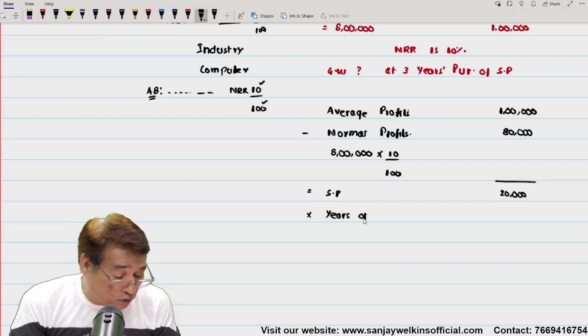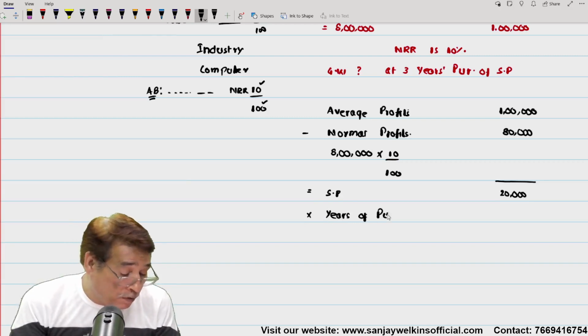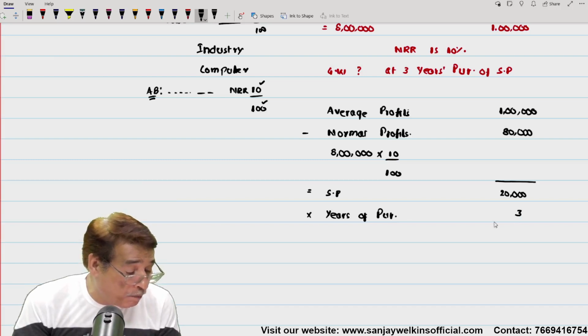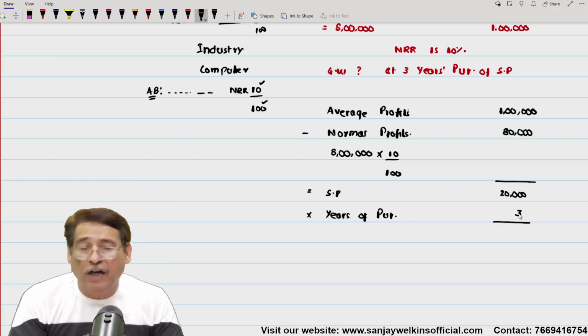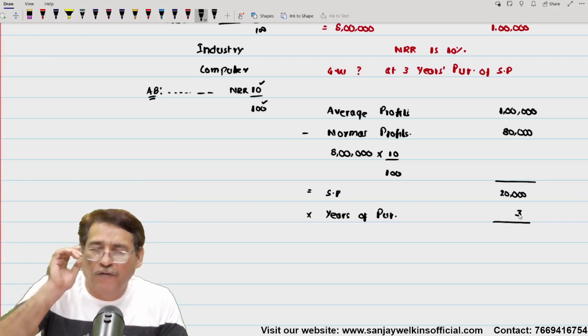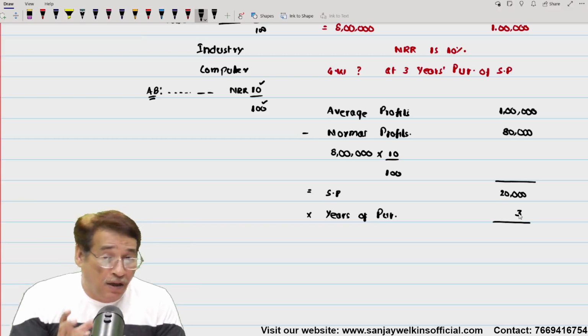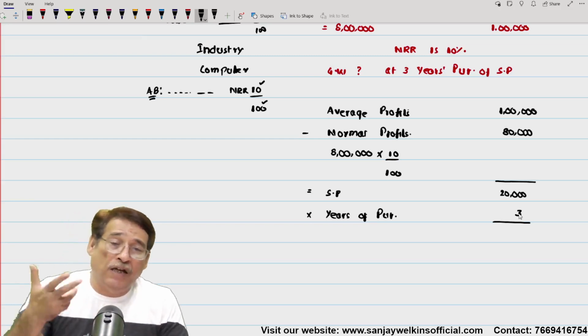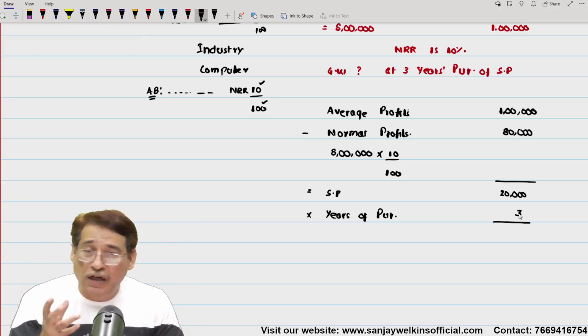What is years of purchase? When A and B tell C that we are going to compute the goodwill at 3 years purchase, 4 years purchase, or say 5 years purchase, what does it mean? Suppose A and B are telling C that we are going to compute the goodwill at 3 years of purchase.